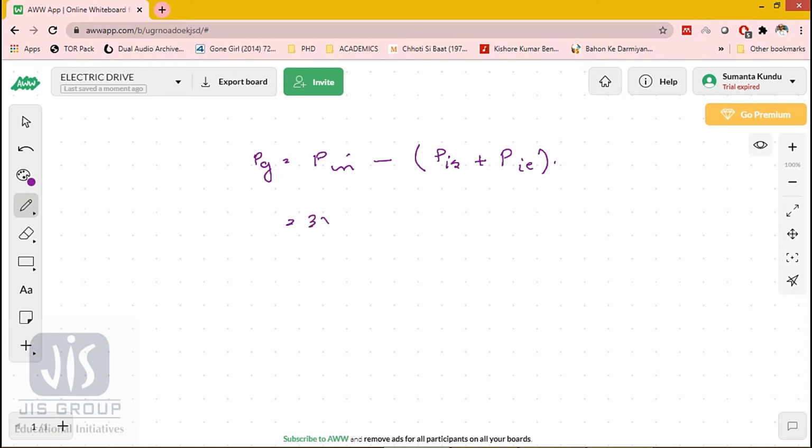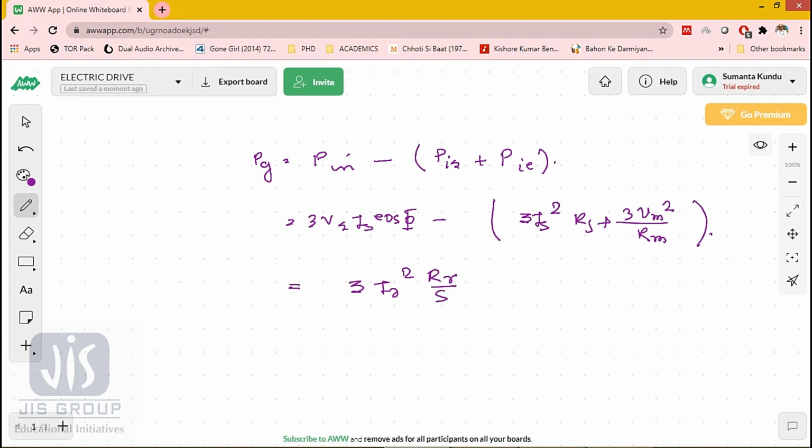We know this is 3 Vs Is cos phi minus 3 Is square Rs plus 3 Vm square by Rm. If we simplify this, it will become 3 I square Rr by S, and that is why we have written that the air gap power PG equals 3 I square R by S.